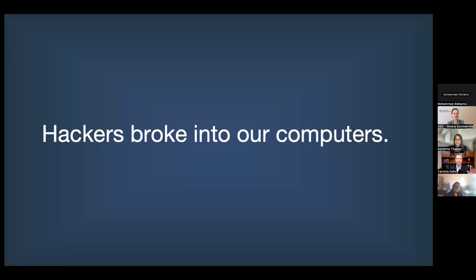Grammatically active sentence. Okay, but is that the subject of the sentence? If you want to get an urgent message across, you might want to say, our computers were broken into by hackers. So anytime you see by something, it signals that it's passive language.